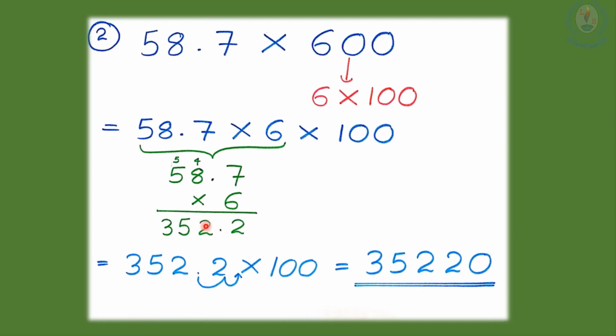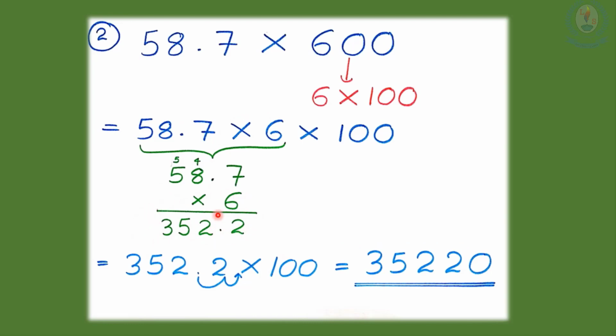From 52 we are writing 2 here. That 5 comes here. Then 6 times 5, 30. 30 plus 5, 35. So the answer is, after multiplying 58.7 by 6, we are getting the answer as 352.2. But this is not the correct answer.